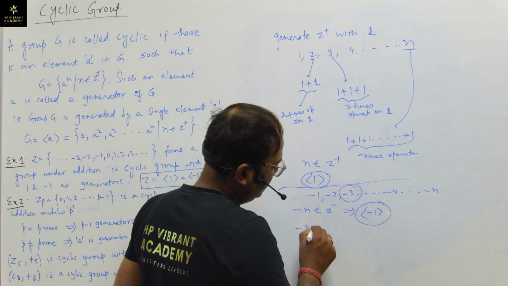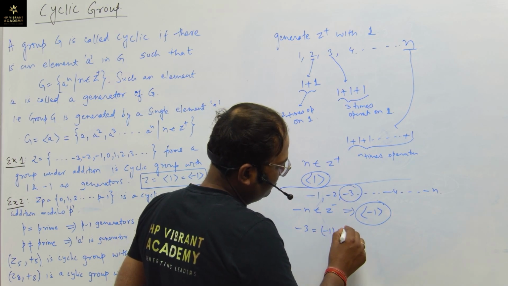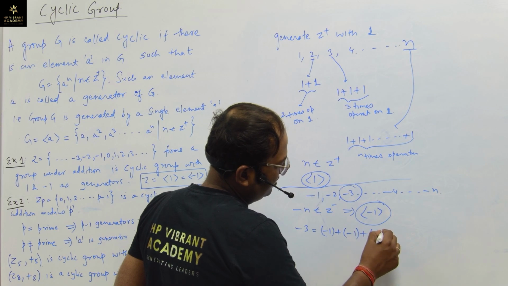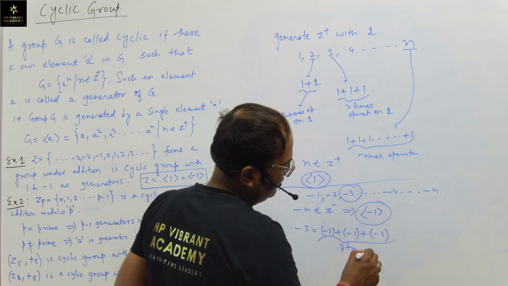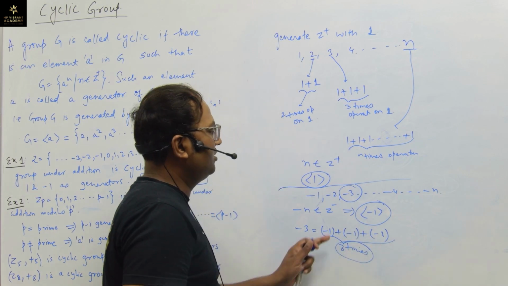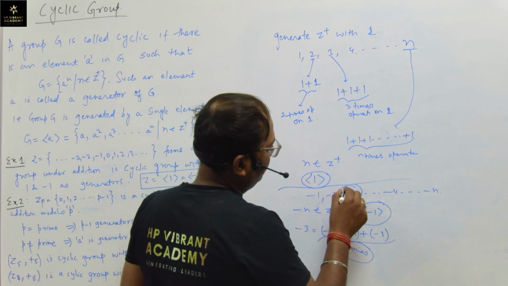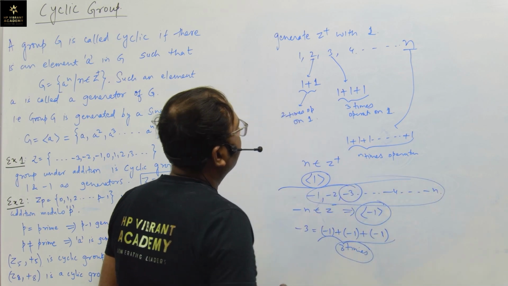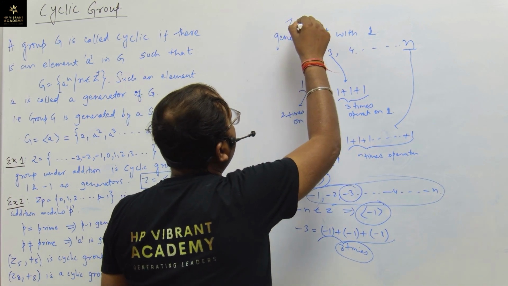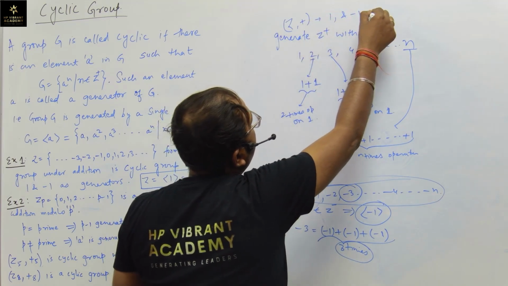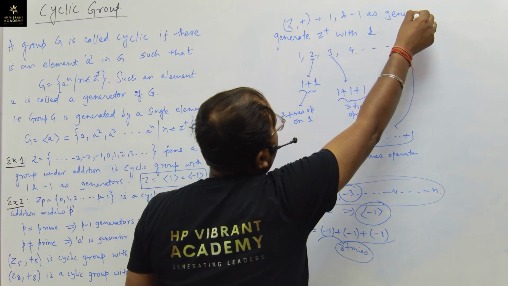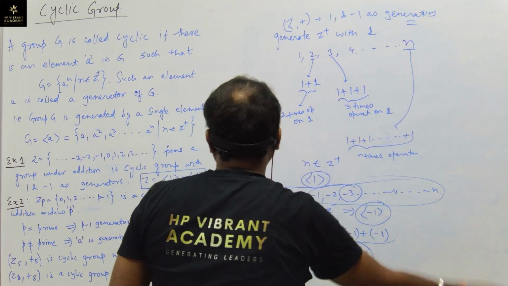So minus 3 is equal to minus 1 plus minus 1 plus minus 1, operated 3 times. So minus 1 is generating the whole set of negative integers. So Z is a group under addition with 1 and minus 1 as generators. Let us move further.